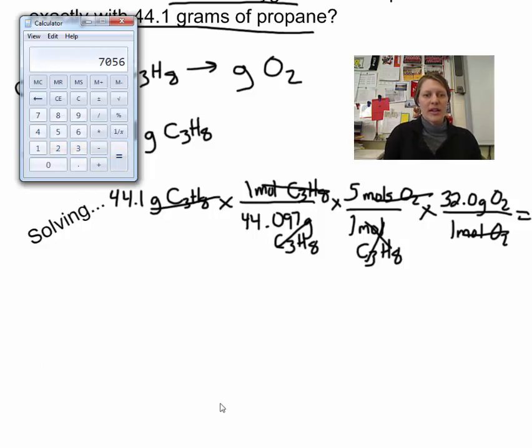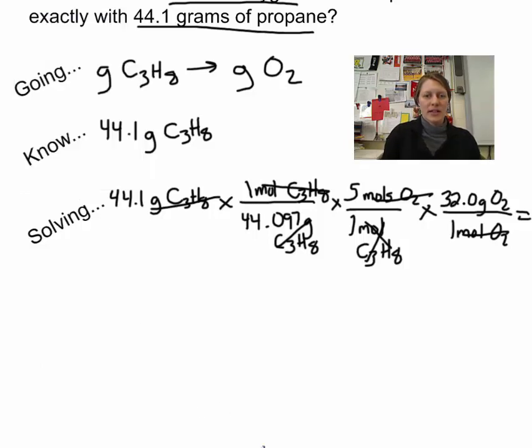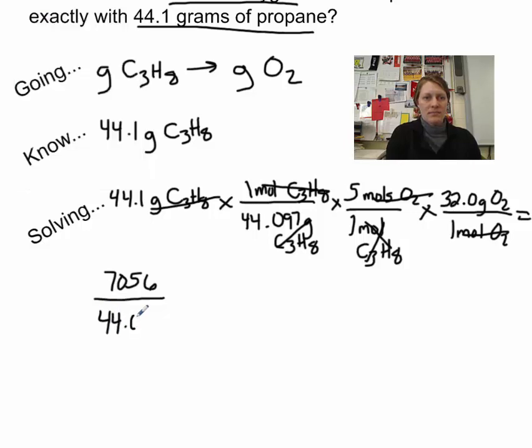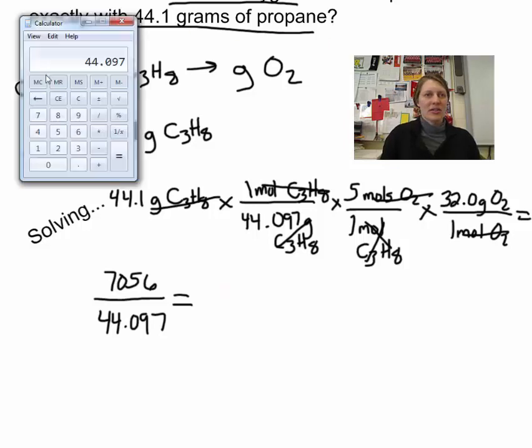So they'll write 7,056. And then they'll do that same thing on the bottom: 44.097 times 1 times 1, so we would know that's the same thing. Now they get this, and then they can plug these two numbers into the calculator. So there are different ways to do it. As long as you're getting the right answer in the end, it doesn't matter how you plug it into your calculator.